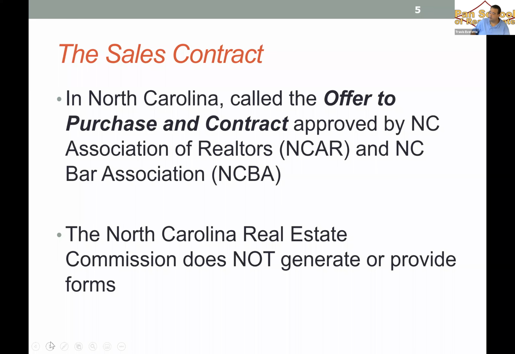And now you'll hear us refer to it, by the way, several ways. The offer to purchase and contract from NC Realtors. Sometimes we'll say the 2T form. That's just its form number. Not all the forms from NC Realtors have one, but it's like when you do your taxes, you have a form 1040. This is just the form number for the offer to purchase and contract, the 2T.